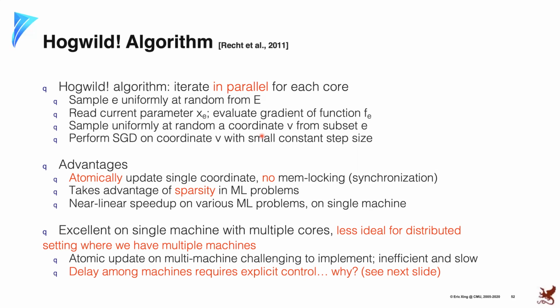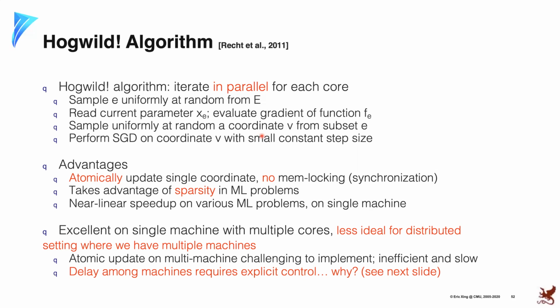The only problem will happen if two workers simultaneously update the same parameters. So that's why we need the synchronization. But under this sparse data assumption, this probability is very, very small. So it's kind of an asynchronous approach. Okay, so that's basically the advantage of this algorithm.